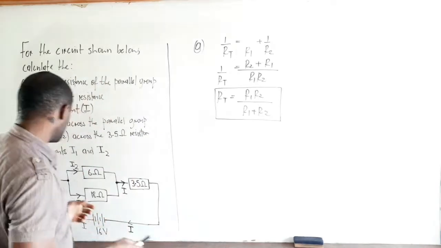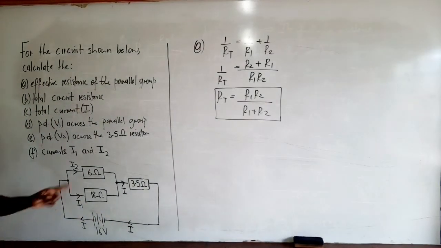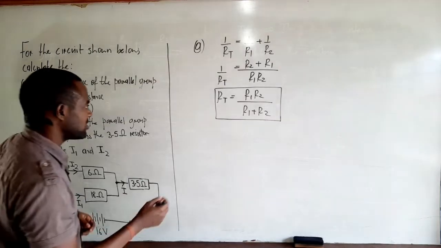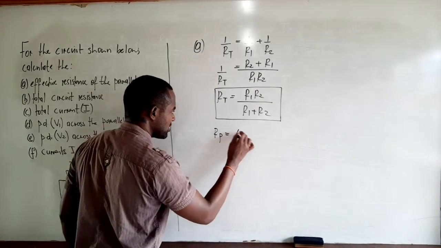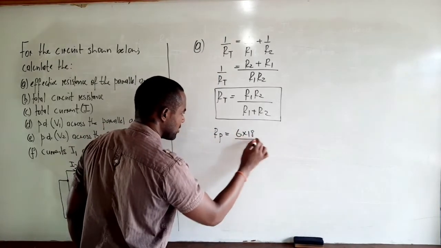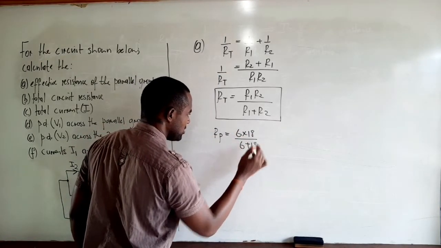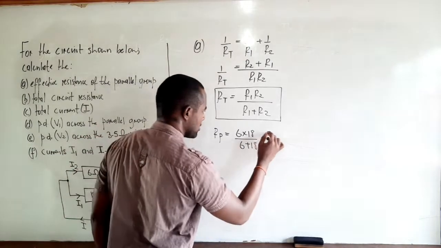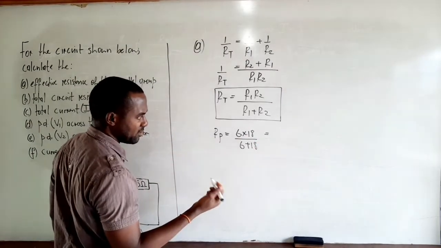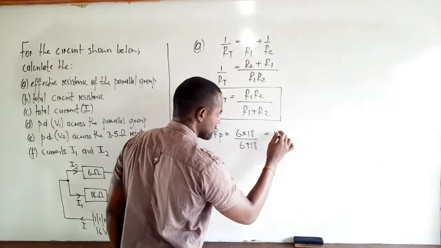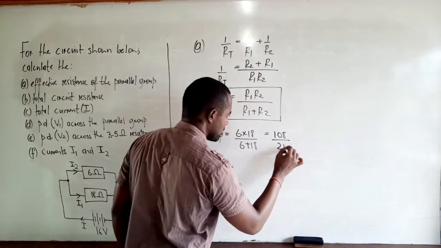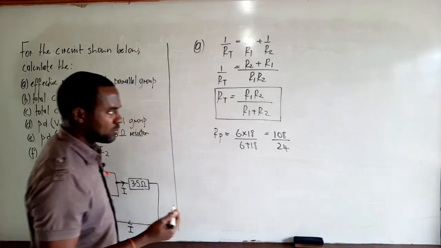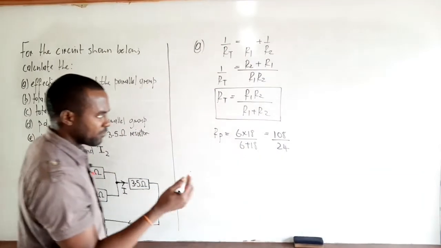So in this particular case, the two resistors in the parallel branch are 6 ohms and 18 ohms. Let's call that effective resistance RP. So RP is equal to 6 times 18 divided by 6 plus 18. 6 times 18 is 108, divided by 24. 24 will go into 96 four times.